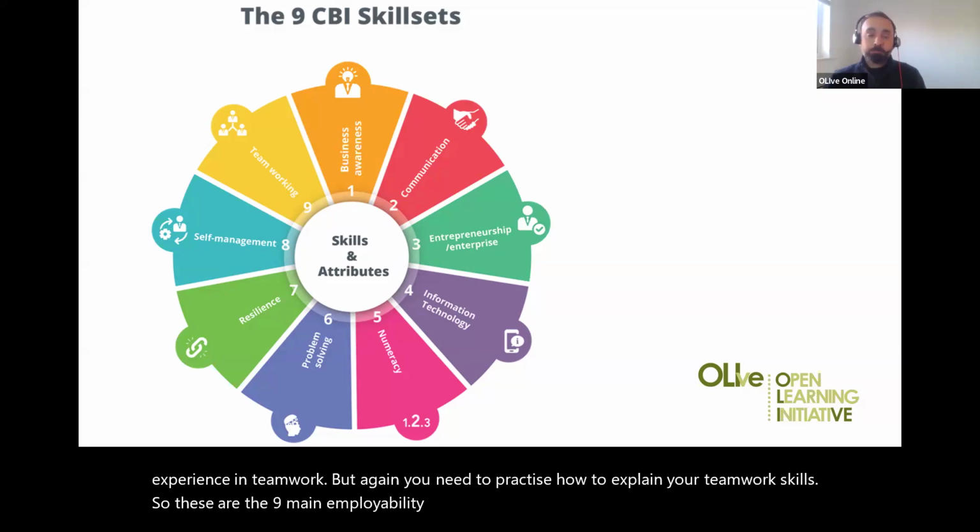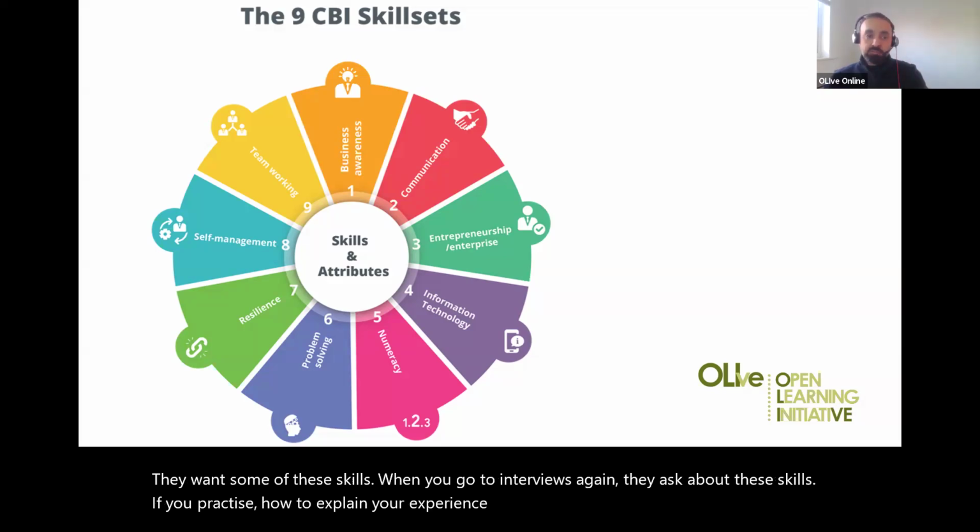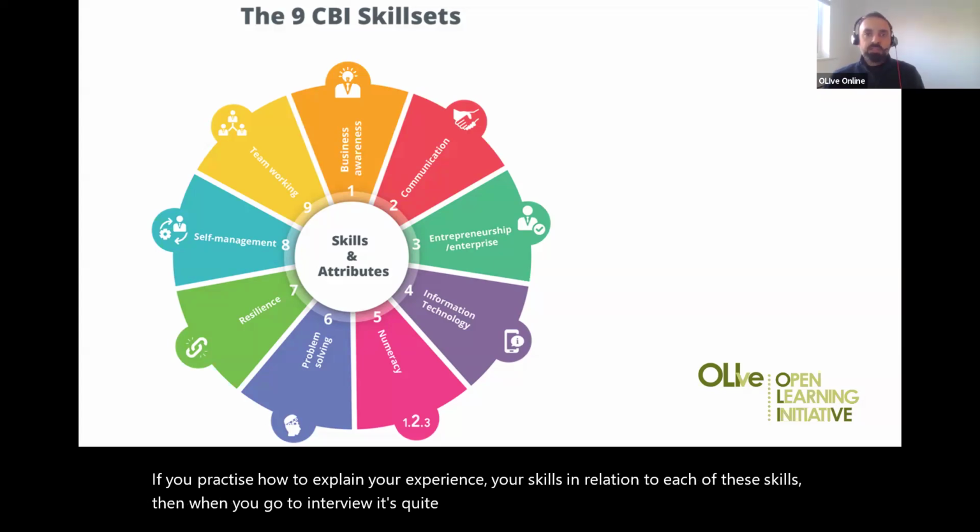Every job advert that you see and you read, they want some of these skills. When you go to interviews, again, they ask about these skills. If you practice how to explain your experience, your skills in relation to each of these skills, then when you go to interview, it's quite easy for you, but it needs practice and preparation.